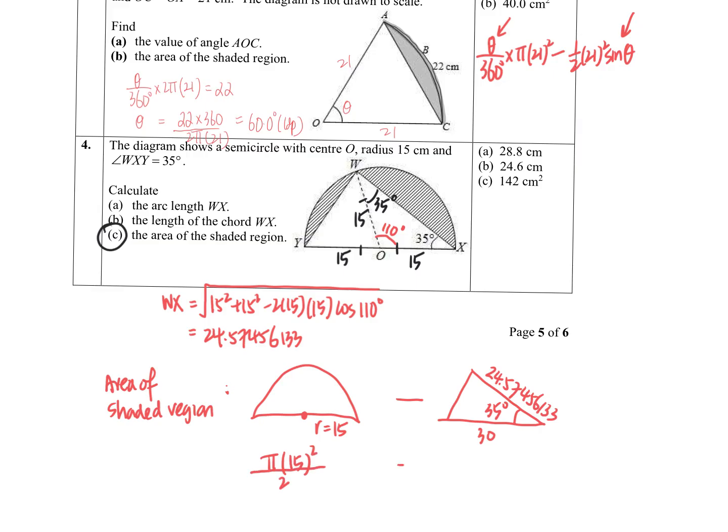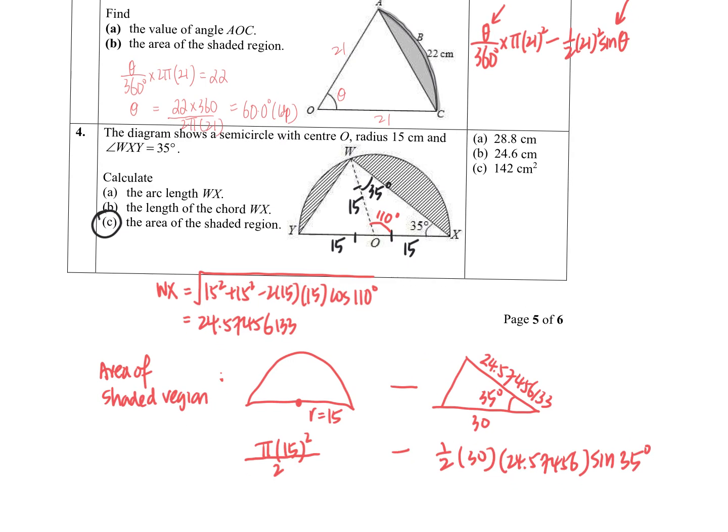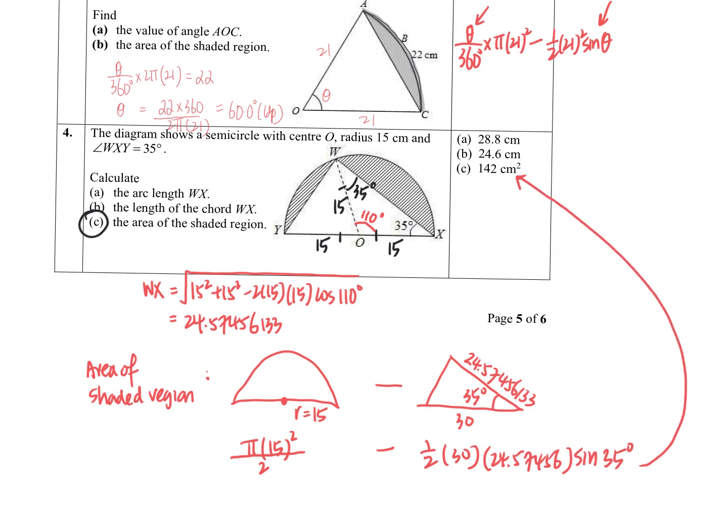And then I already have two sides of the triangle, which is this WX I found just now, and this is the diameter, which is 30. So the angle in between is known to me. I just use half AB sine C. So you do half AB, use the more accurate one, sine of the angle in between. Then you should be able to get the answer up there.